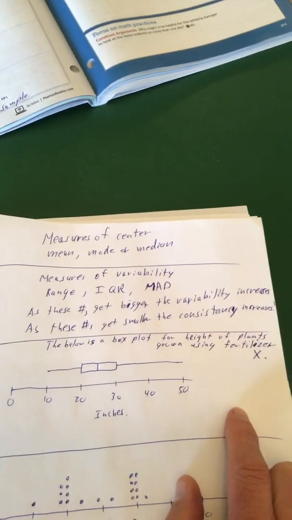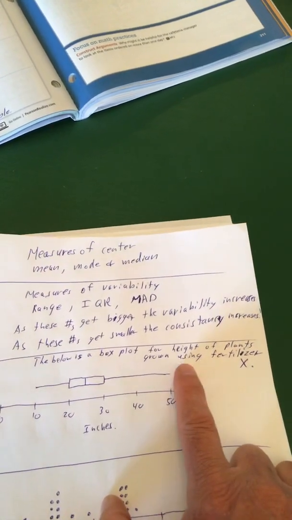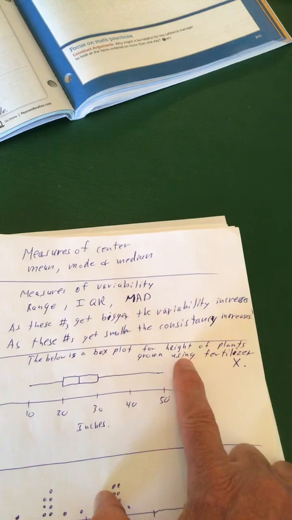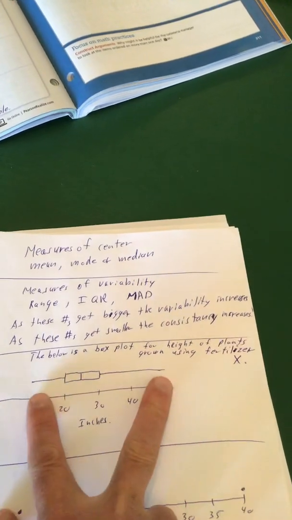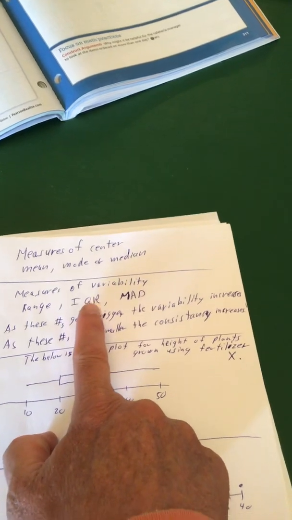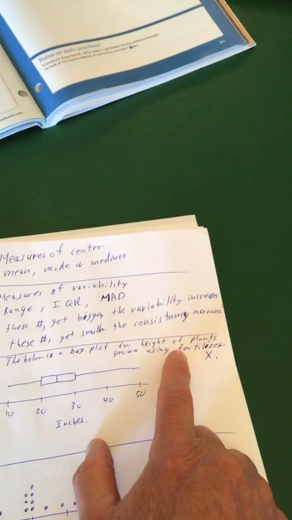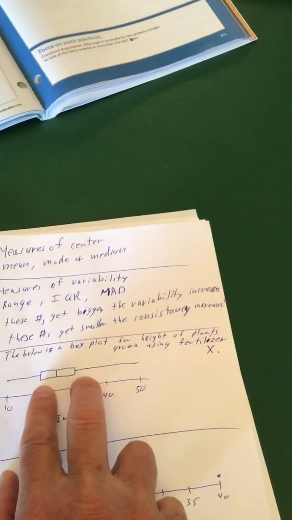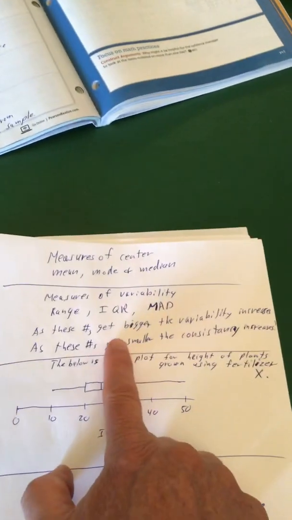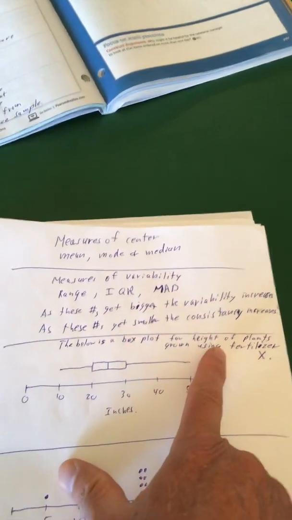And so the inferences you could make are, the range for the heights of plants using fertilizer X is 40. Another inference you could make, the IQR for the height of plants grown using fertilizer X is 10. That's just a statement of fact you can make based on data.